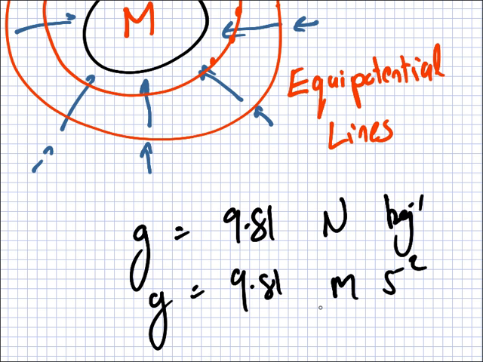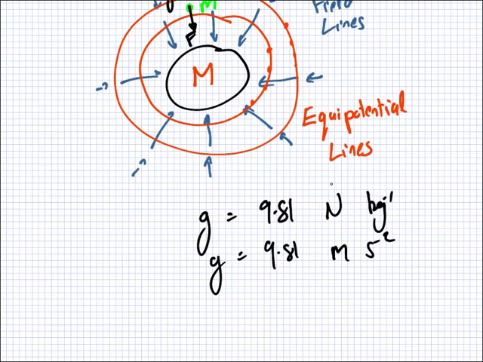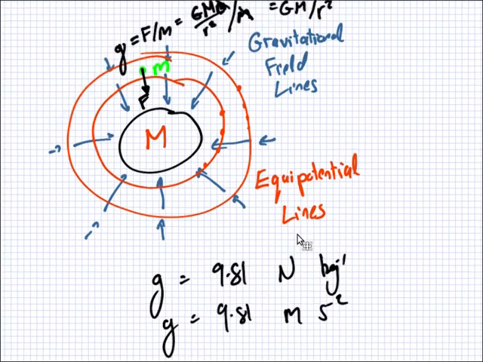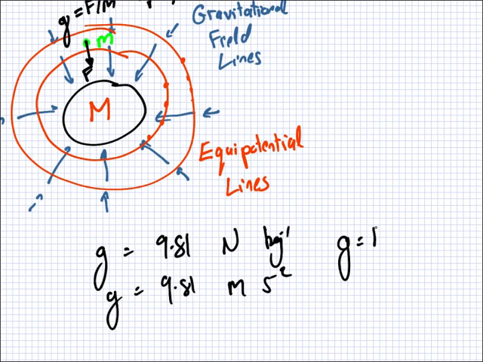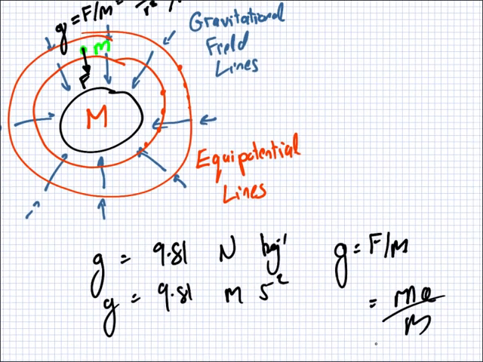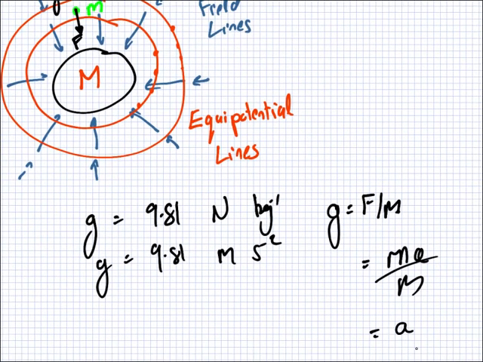It's interesting, right? Why are they the same? Well, if you think about it, G equals F over M, F equals MA, so G equals A. Makes sense?